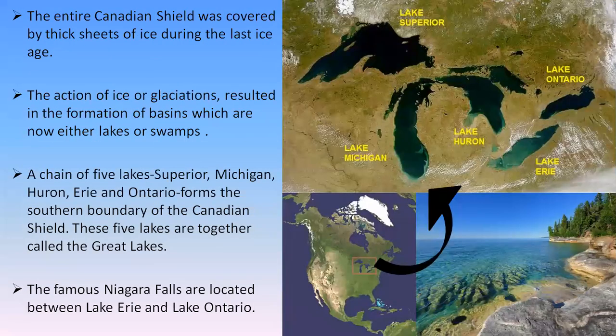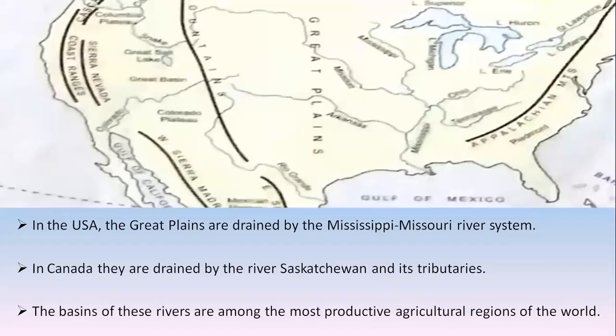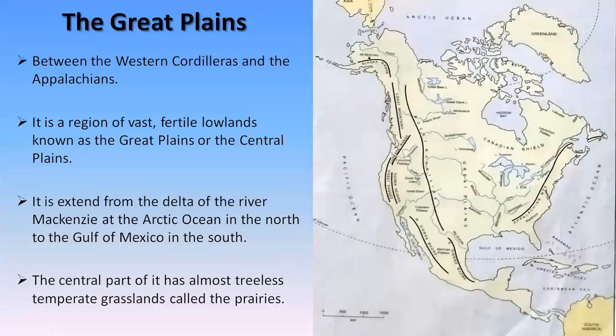Again, we are checking the earlier slides from the beginning. First, we studied the Great Plains, between the Rocky Mountains, or Western Cordillera, and the Appalachian Mountains. The central part is called the prairies. The Central Plains run from the Mackenzie River basin to the Gulf of Mexico in the south.